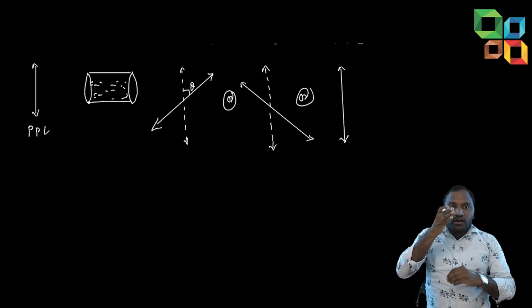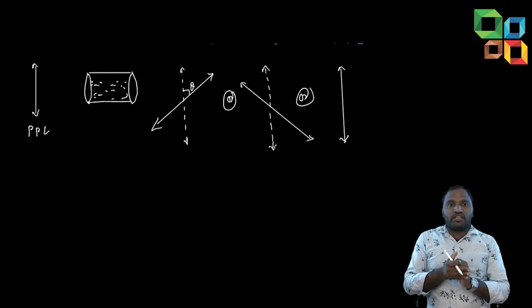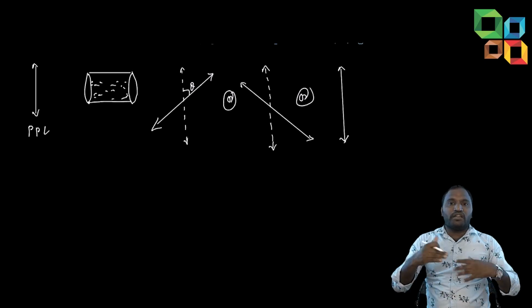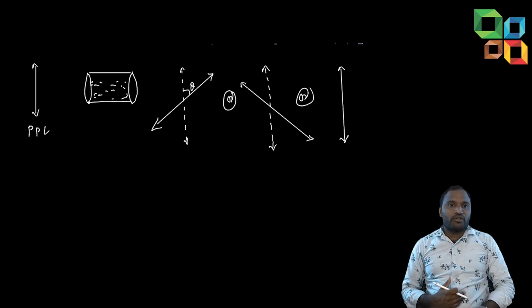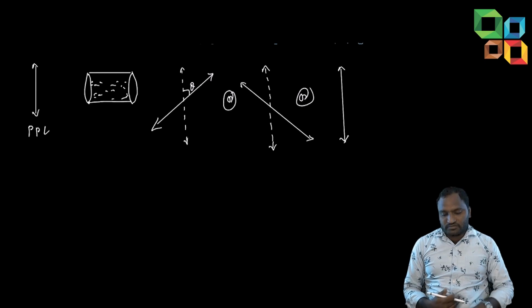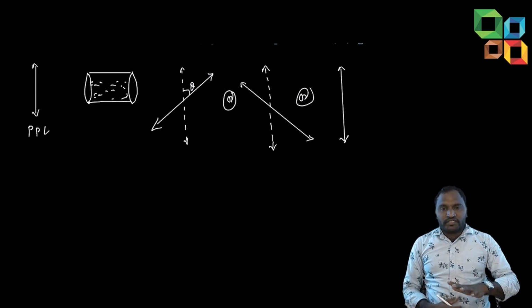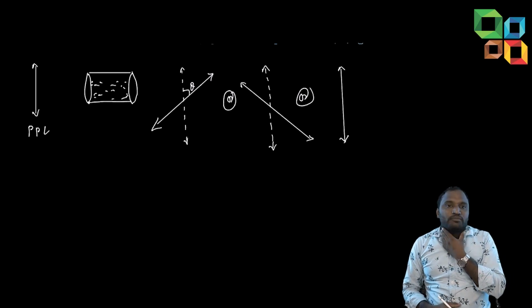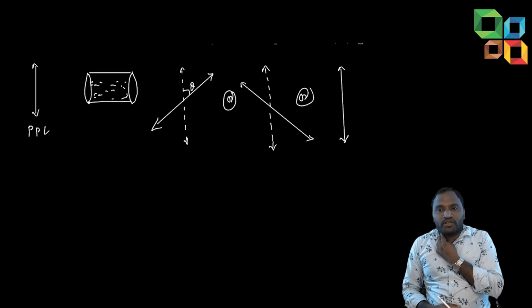If it is moving in a single plane, we can easily make out which direction it is rotating. If it is moving in all directions, we can't make out any movement. This is the reason we converted ordinary light into plane polarized light. If it rotates either clockwise or anti-clockwise, these compounds are called optically active compounds, and the phenomenon is called optical activity.